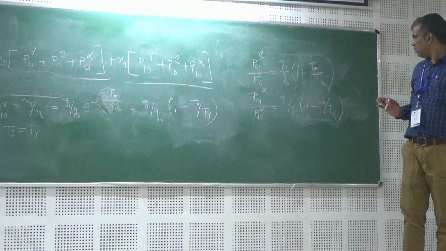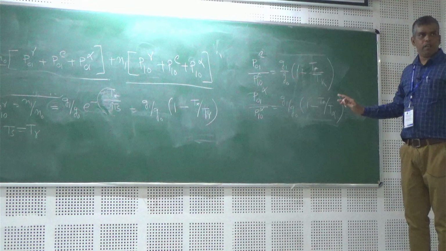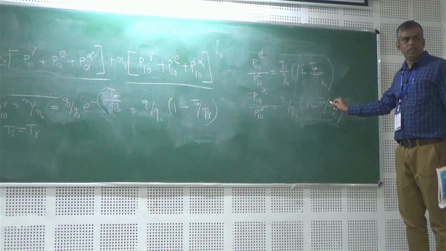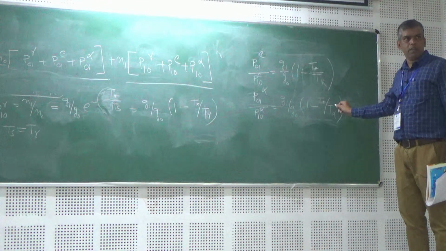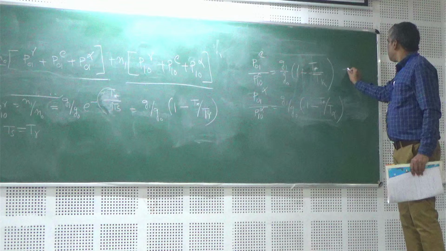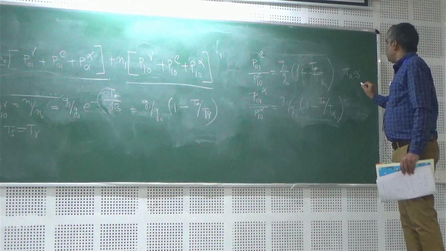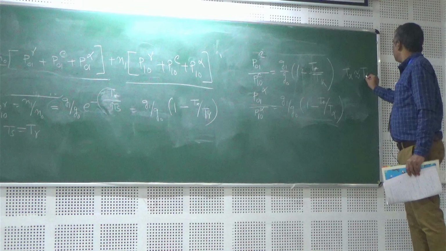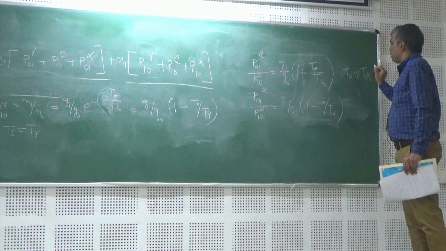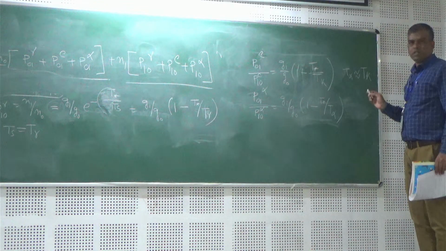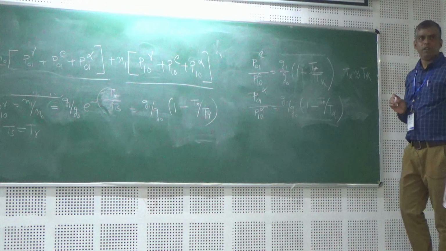Okay. Now it has actually been shown that this T alpha, the Lyman alpha color temperature, is very close to the IGM temperature. Why?